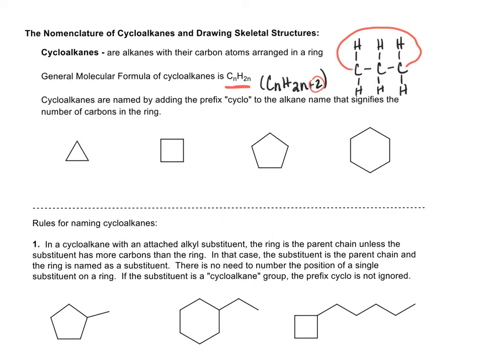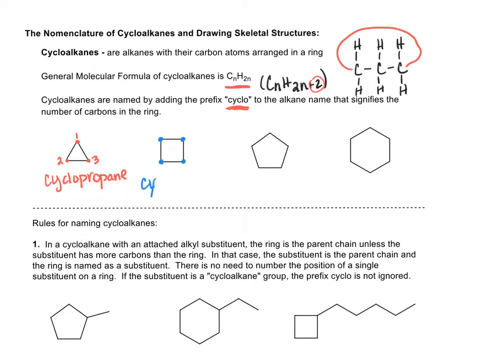As it says, we're going to name them by adding the prefix cyclo to the alkane to signify those carbons are in a ring. So as you look at this first one, there's 1, 2, 3 carbons in the ring. So with 3 carbons, we call it propane. To indicate they're in a ring, we call it cyclopropane. The next one, we see 1, 2, 3, 4 carbons.